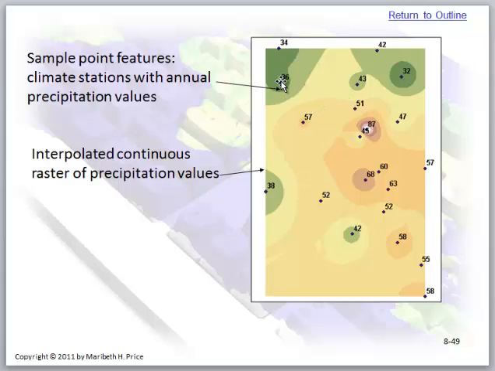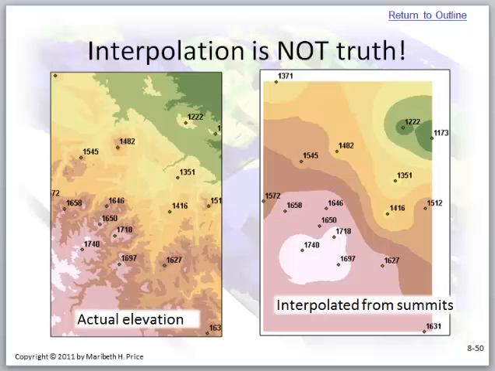Now it starts with these points, and then based on some other items, that branches off and creates that continuous raster. We will actually do that in one of our labs.